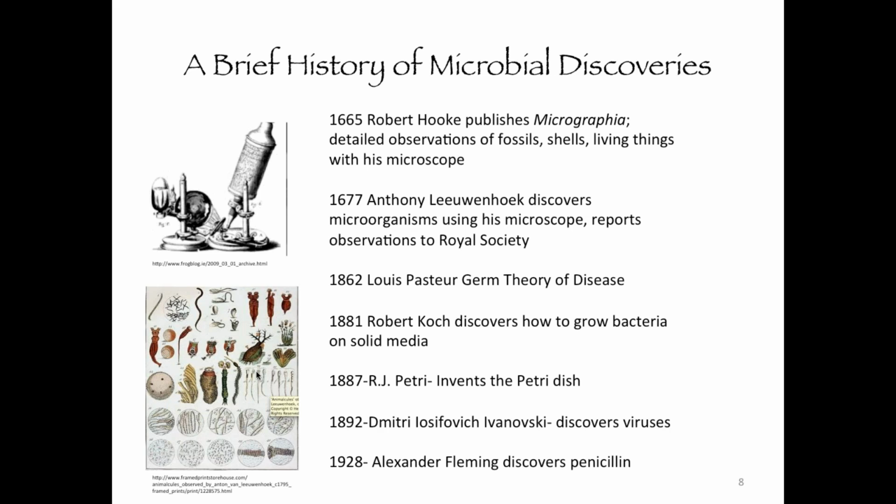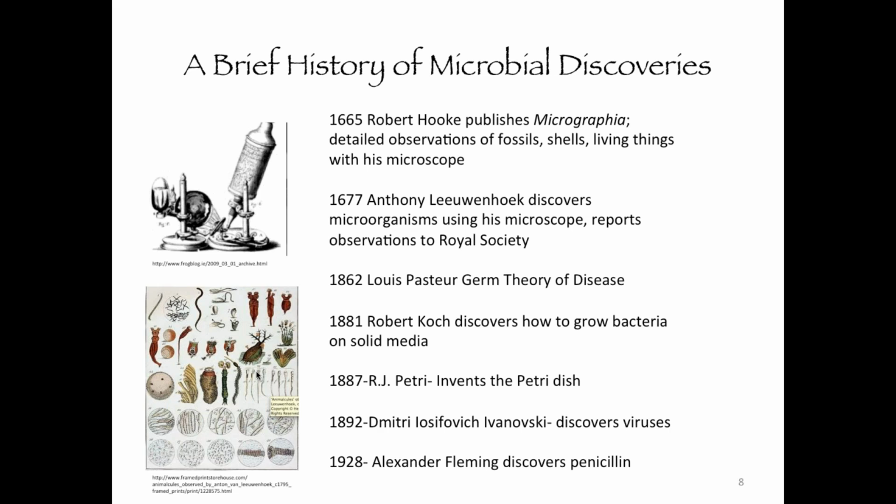Then in 1677, Anthony Leeuwenhoek discovers microorganisms using his microscope and reports these observations to the Royal Society. By 1862, you have Louis Pasteur, who develops the germ theory of disease. And by 1881, we have Robert Koch, who discovers how to grow bacteria on solid media. And ever since, we've been using this technique.